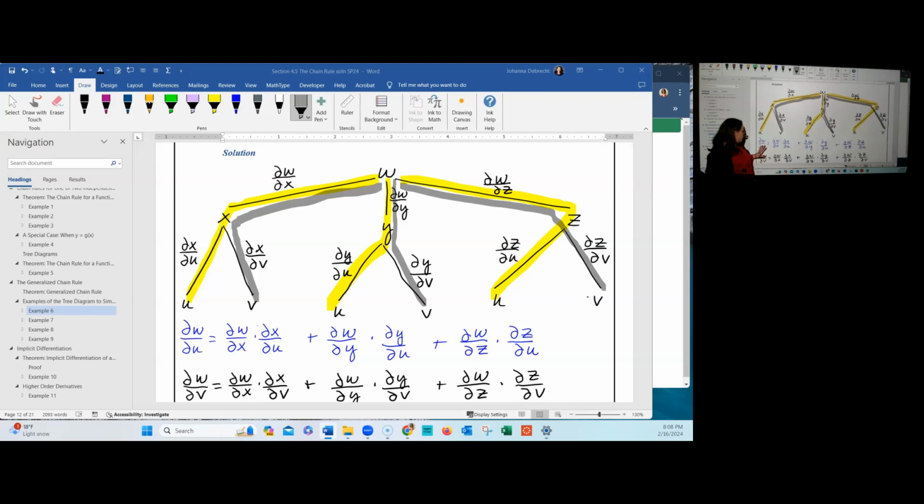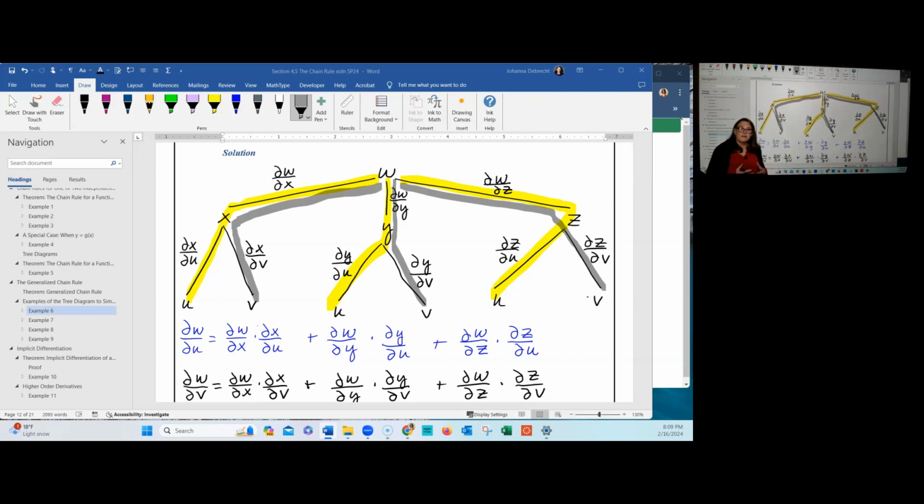To find the partial of w with respect to u, follow all the branches that lead to a u leaf at the bottom. They're highlighted here in yellow. This gives us the partial of w with respect to x times the partial of x with respect to u, plus the partial of w with respect to y times the partial of y with respect to u, plus the partial of w with respect to z times the partial of z with respect to u.